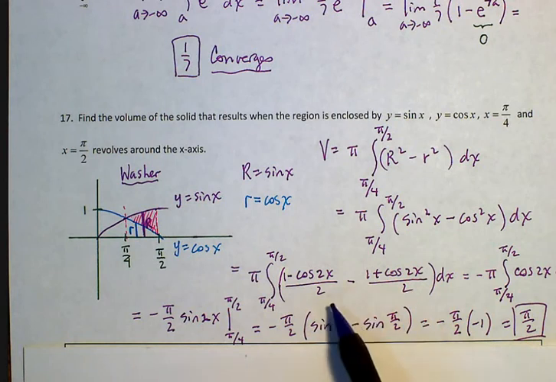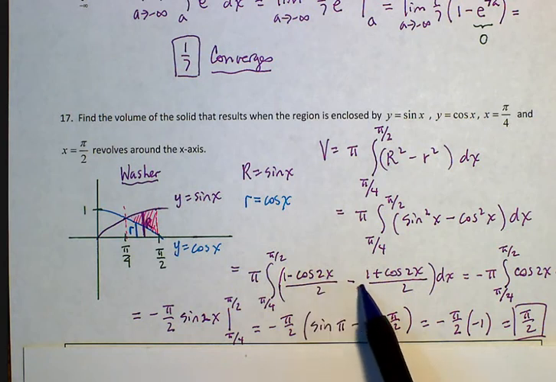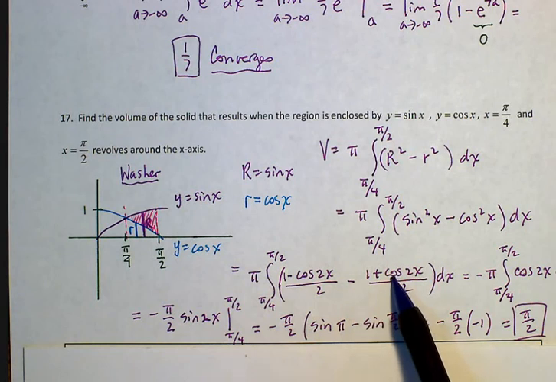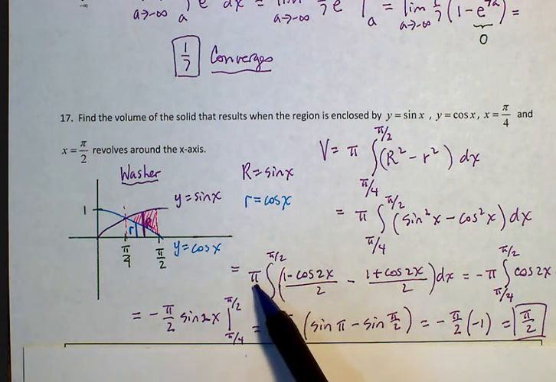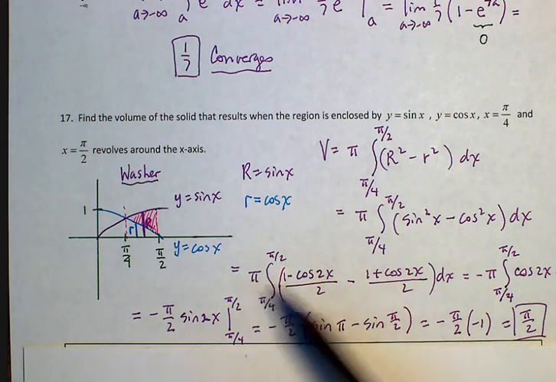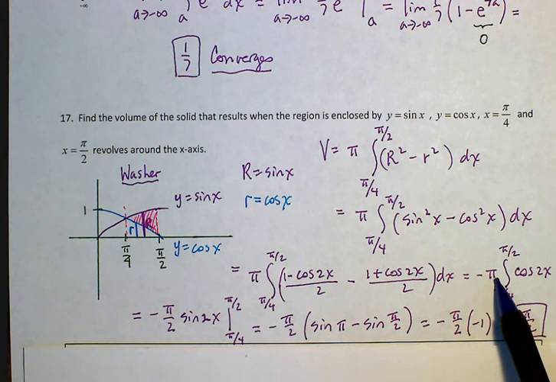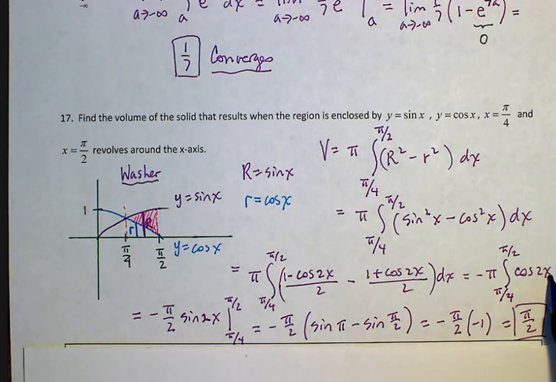And then I end up with negative cosine of 2x over 2 minus cosine of 2x over 2. So I have a negative 1 that can get factored out. That's why this becomes a negative pi, and then the integrand is cosine of 2x.